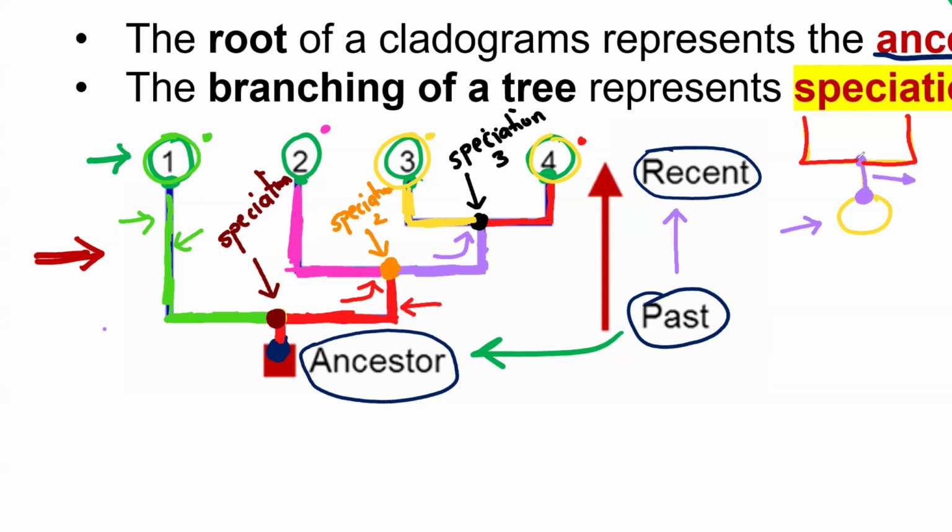In this case, it is the red one and this pink one here. So it's forming two different descendants, or two different species. So that's speciation happening. There is a speciation event. And these two different species that are formed can also undergo speciation to form others as well. And then it continues and continues.